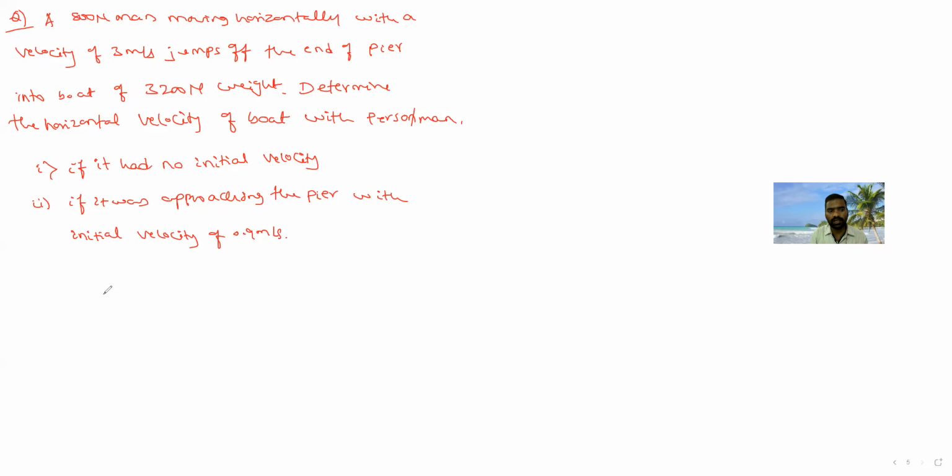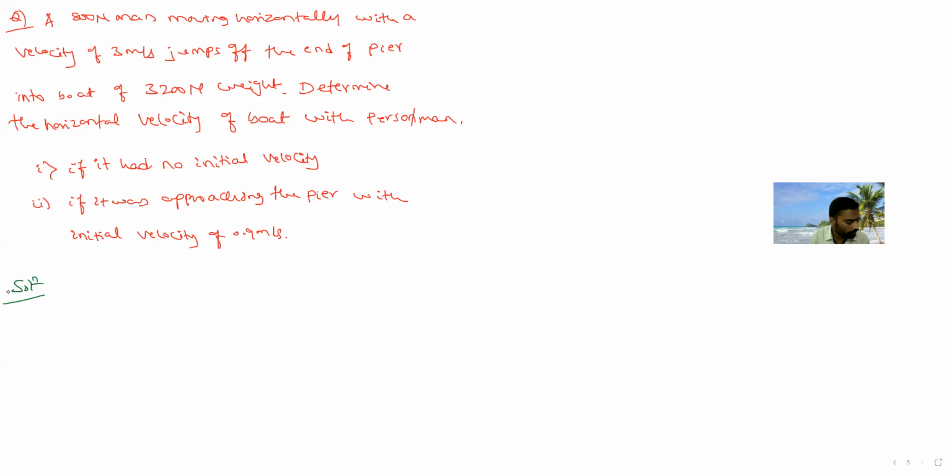So whatever you have studied, the principle of the momentum equation. Only one way at best is there. The 800 Newton man weight is what? 800 Newton. Is this W1 or W2? Man weight. It is W1. If it is a mass, then you have to take M. Now it is given as weight.